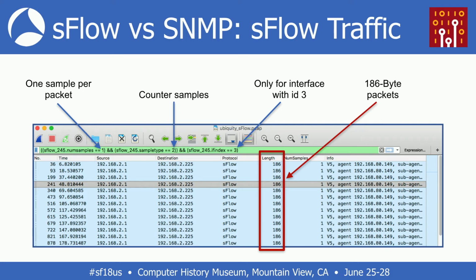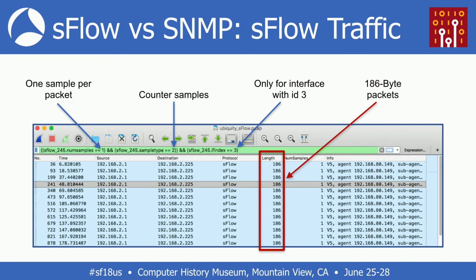I also said I want just one sample per packet, to make sure no other samples have been put by sFlow in the same packet. And I can see here that every packet is 186 bytes. Every one of these packets contains all the counters: input bytes, output bytes, input packets, errors, multicast. It contains all those statistics for interface number 3.